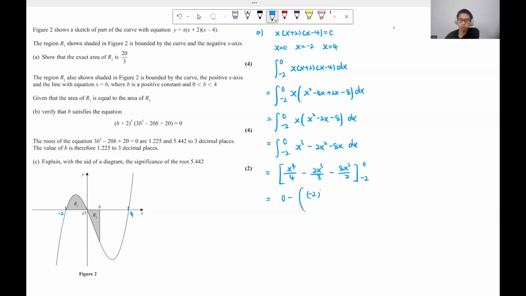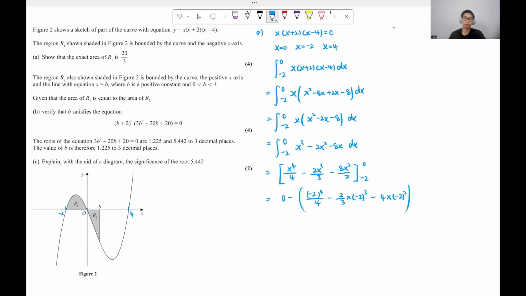So negative 2 to the power 4 over 4, minus 2/3 times negative 2 to the power 3, and minus 4 times negative 2 squared. Now we put it in the calculator.